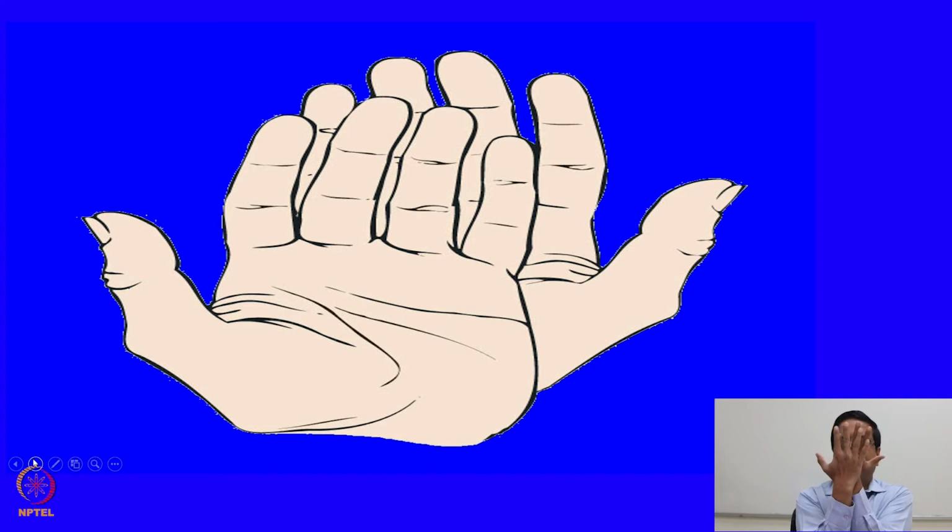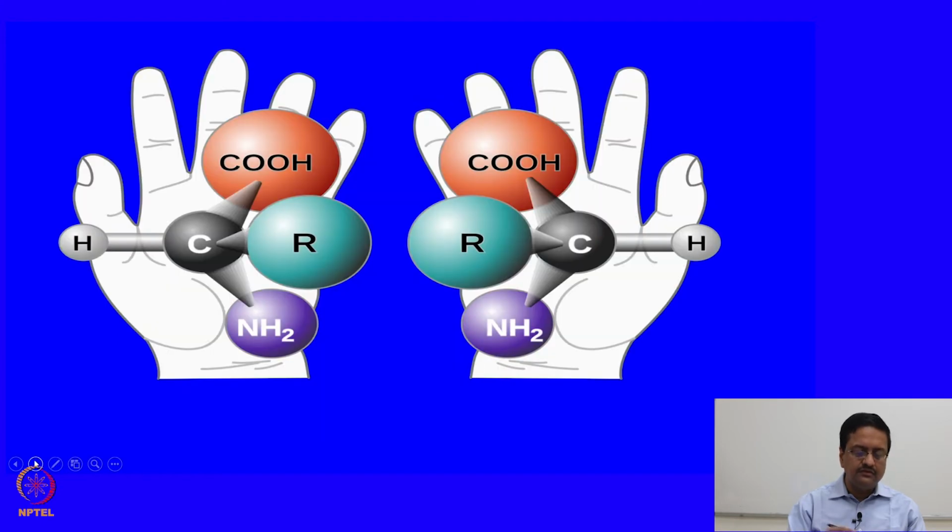Although the fingers try to match, the two thumbs point in different directions. Therefore, these two hands are different, and this difference is manifested in the four bonds of carbon atoms, which are responsible for giving rise to different geometries around that central carbon atom.